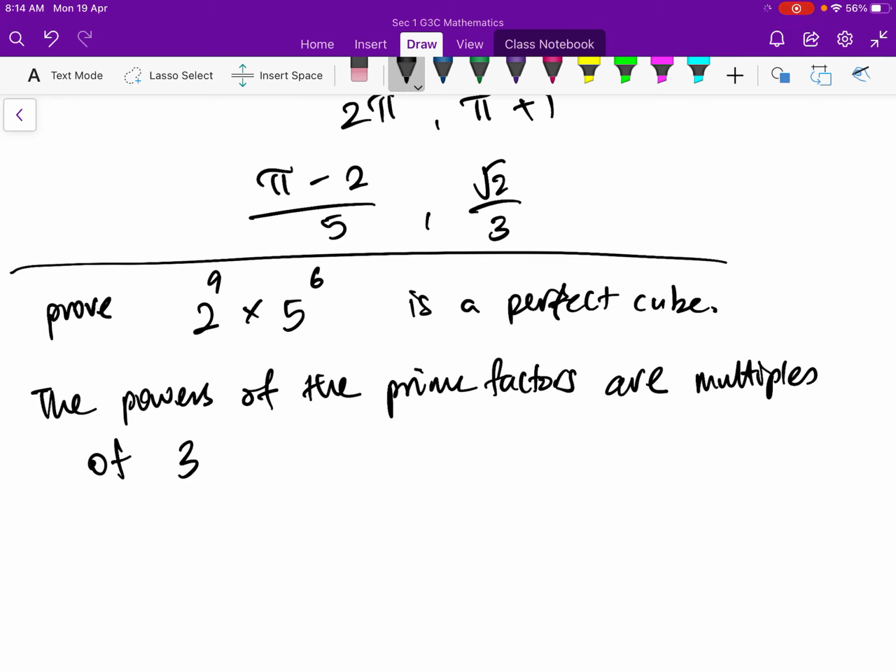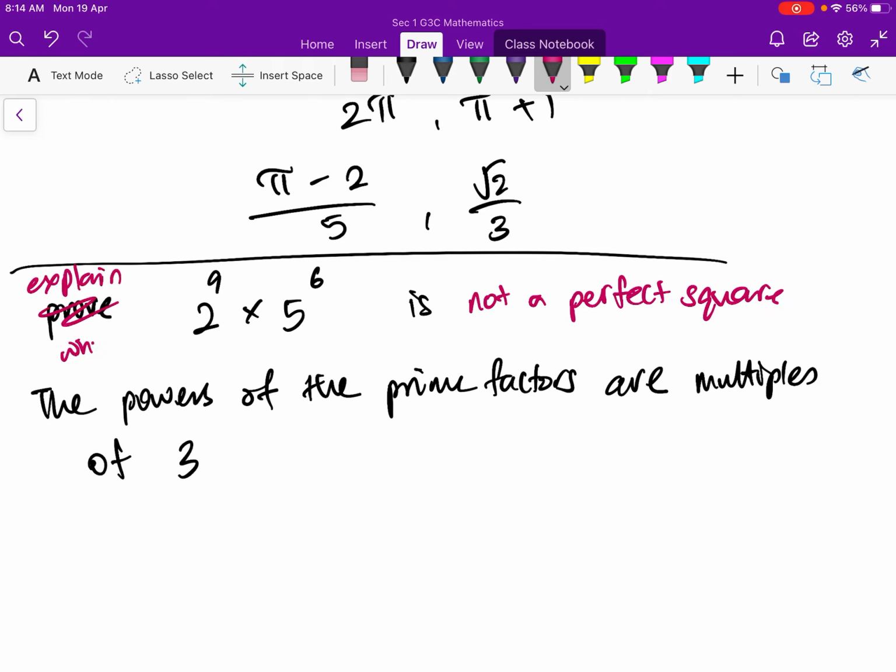In the same way, you should be able to explain why a certain number is not a perfect square. Explain why this is not a perfect square.